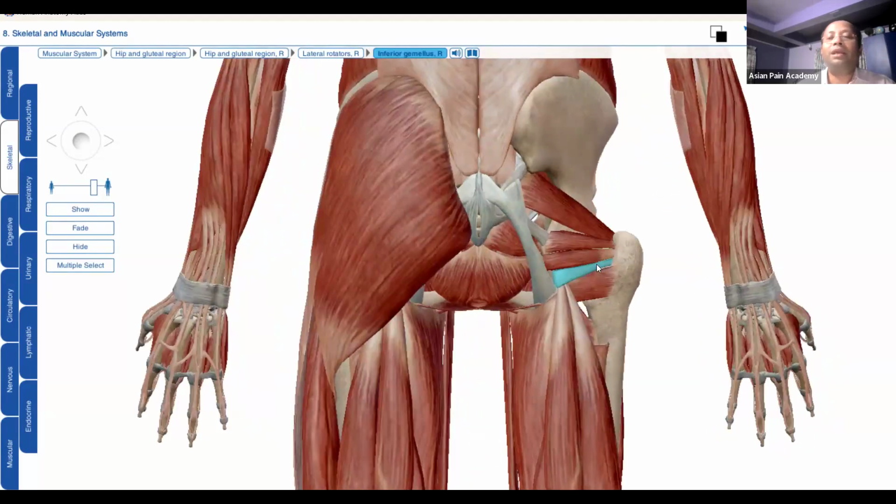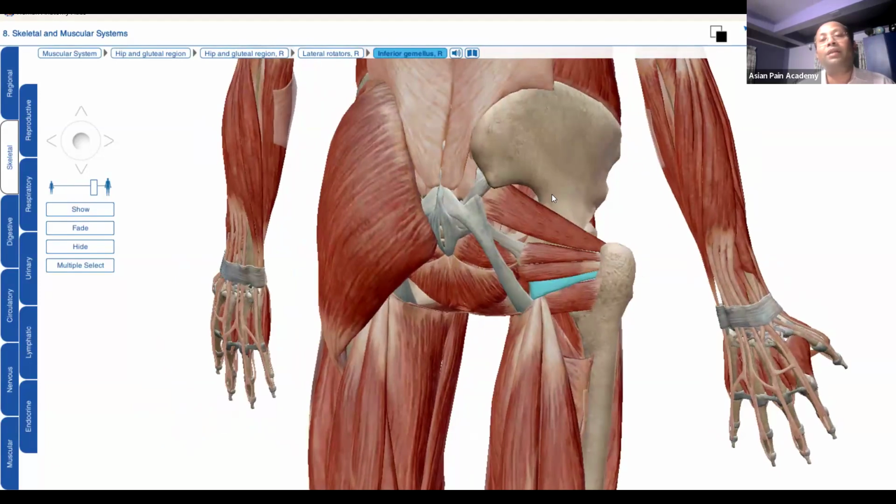Just note one thing here: if I put a probe in this area, I will see three muscles: gluteus maximus, gluteus medius, and gluteus minimus. But if I put the probe in another area, a bit up, like this.